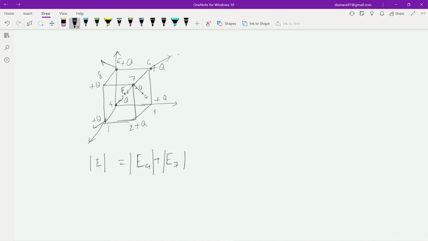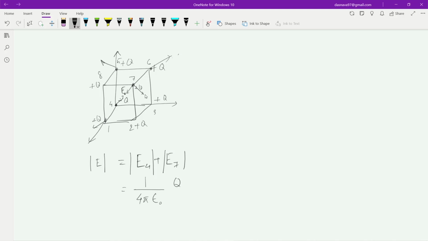So the electric field will be generated from this fourth vertex and this seventh vertex. Everyone knows the formula of electric field from electrostatics, 1 by 4 pi epsilon naught, capital Q by r squared.